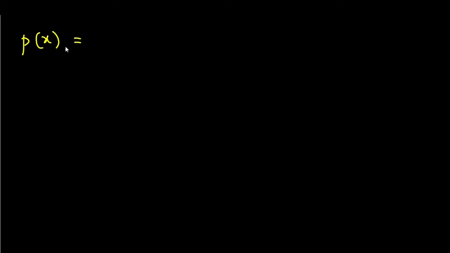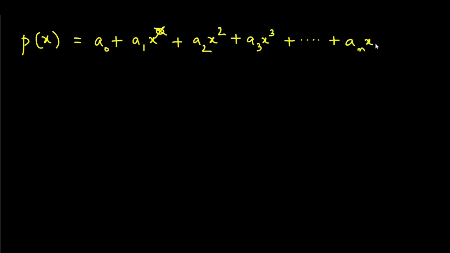A polynomial in variable x has the general form a0 plus a1 x power 1, here we need not write it, plus a2 x square plus a3 x cubed, etc., plus the last one is an x power n. This is a polynomial when the exponents n and the other exponents are whole numbers.